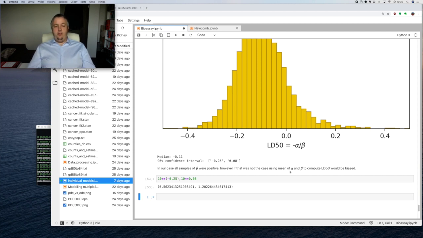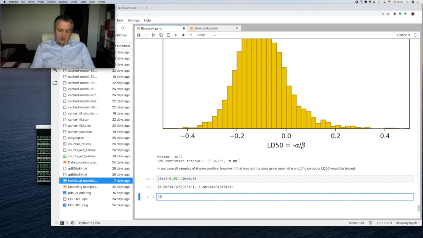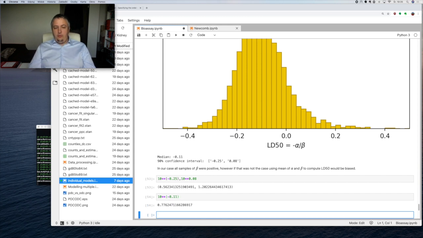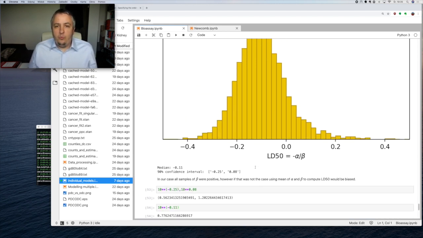It will be between 0.56 grams per milliliter up to 1.2, with the median given as 10 to the power of minus 0.11, and this will be 0.776 grams per milliliter. So we took a simplified but full dose from the model.